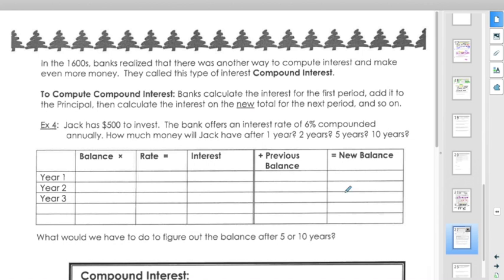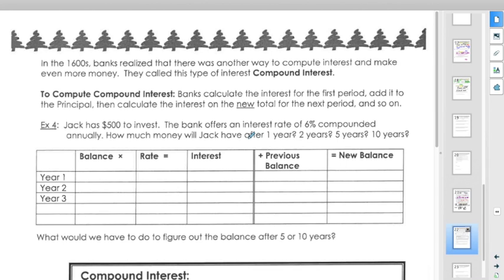Okay. Back page. Now in the 1600s, banks realized there was another way to compute interest and make even more money. Of course they have. Why wouldn't they want to take our money? Shocking. They called this compound interest, which is basically the same thing with just a little twist at the end. To compute compound interest, banks now calculate the interest for the first period, but then they add it onto the principal and then calculate the interest on your new total.